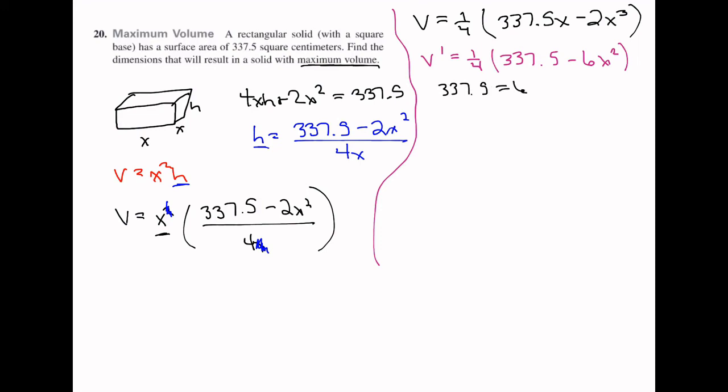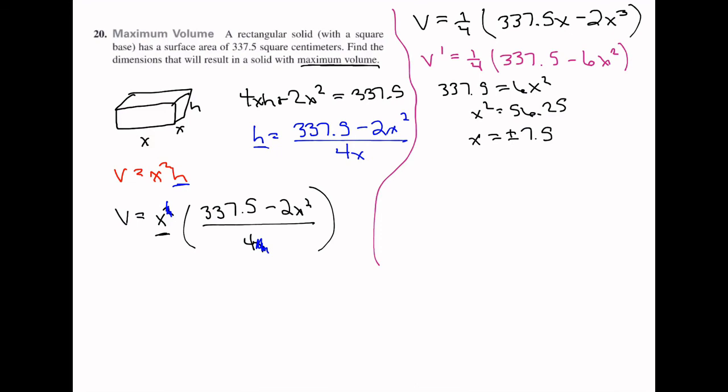337.5 is 6x squared, so then x squared equals, and you can grab your calculator if you're trying this on your own, 56.25, so then x equals plus or minus 7.5. But again, these are dimensions for an actual shape, so a negative isn't going to make any sense.